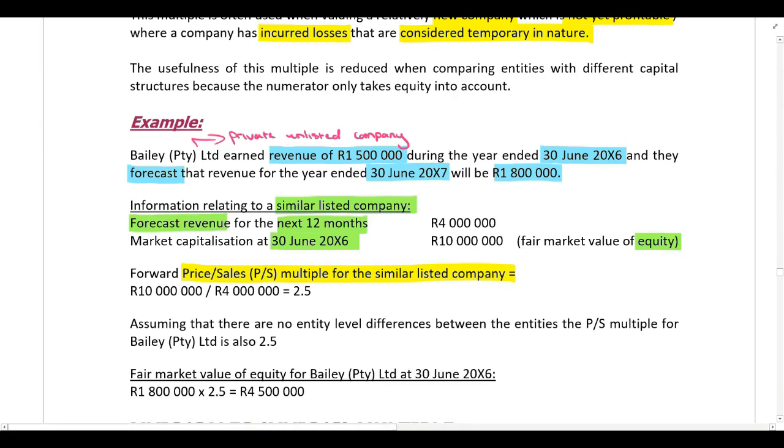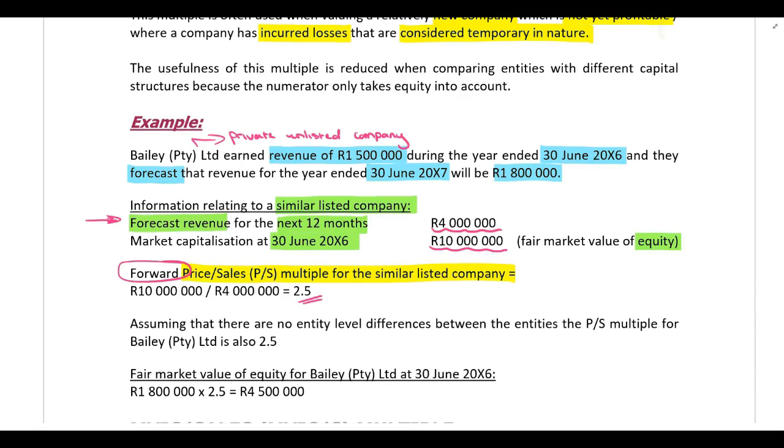So first, we are going to start by calculating the price sales multiple for the similar listed company. So we take their price or the value of equity and we divide by their revenue, and we get a multiple of 2.5. Now, please note this is going to be a forward or a future multiple because we are using forecast revenue in the calculation.